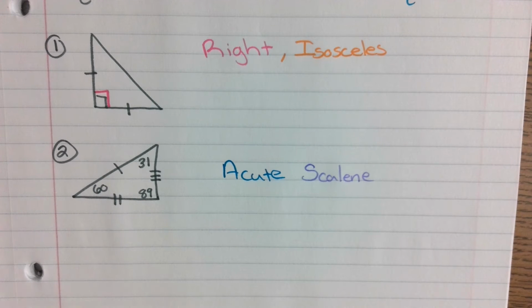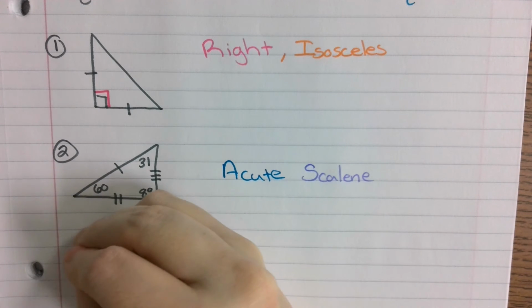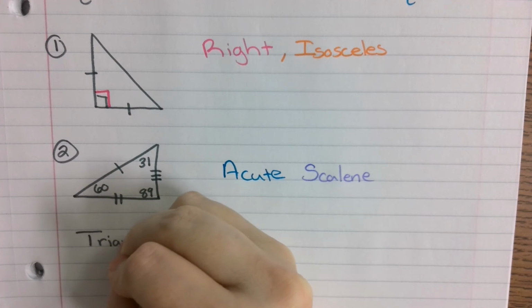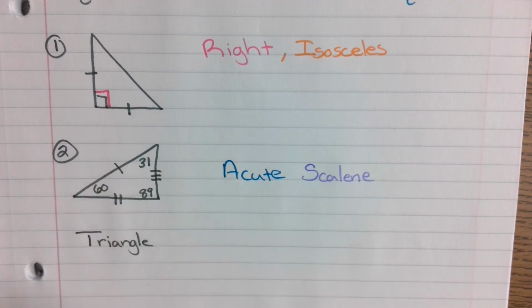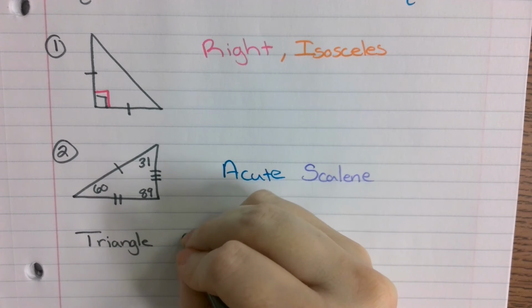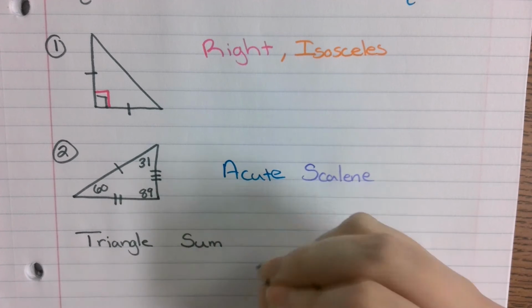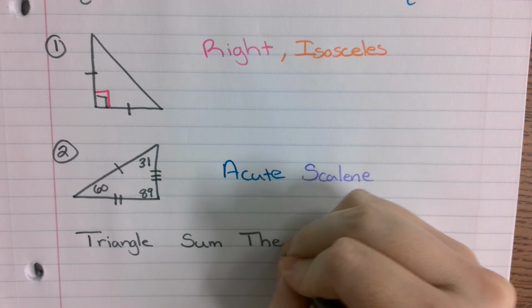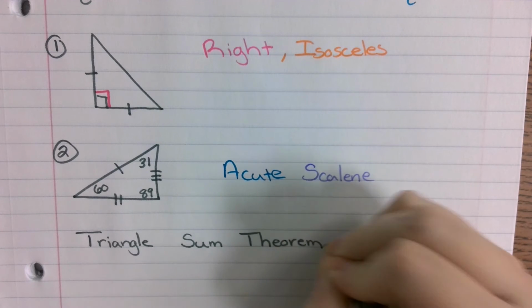Okay, Triangle Sum Theorem. This is what I mentioned to you guys on the previous page, that all triangles equal 180 degrees.